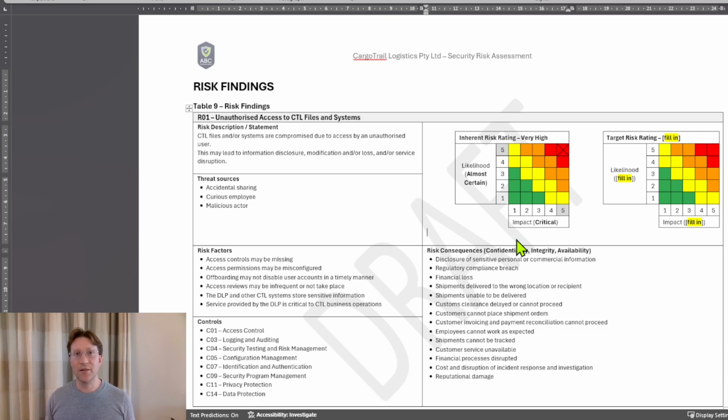If we think about the likelihood and impact tables down in the appendix, we've got nothing in place to stop people from accessing things that they shouldn't, whether that's accidental, or whether it's a curious employee, if we look at our threat sources, or if we had a compromised account and then that malicious actor used that account to just access everything because they can, it's almost guaranteed this is going to happen.